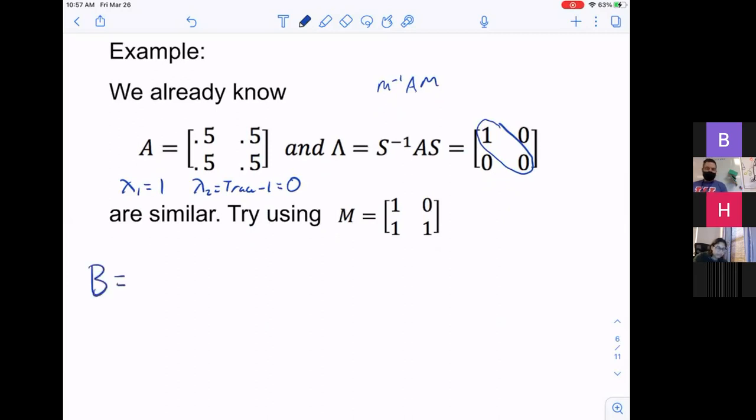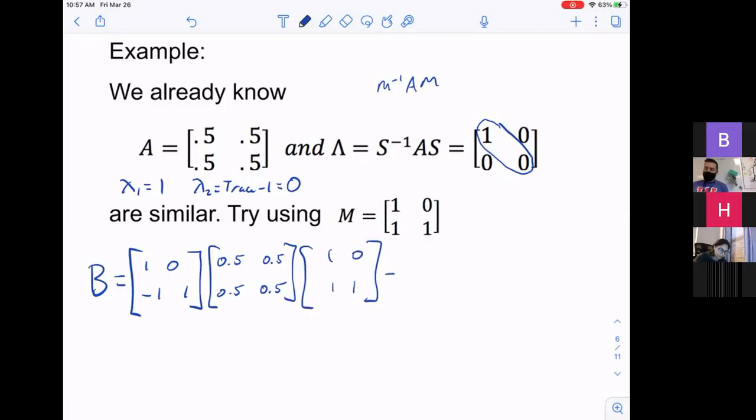So here, if we use that same M we used before, the inverse was 1, 0, -1, 1, times A, which is 0.5, 0.5, 0.5, 0.5, times M. We could get another similar matrix that's similar to both A and capital lambda.